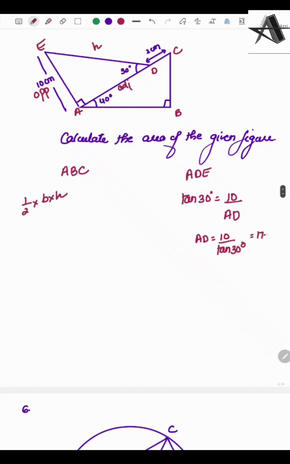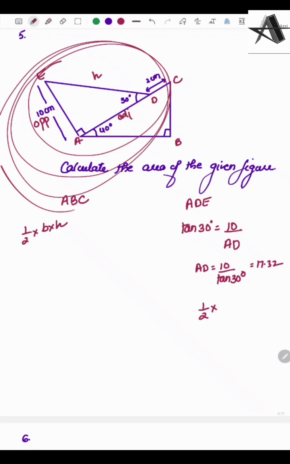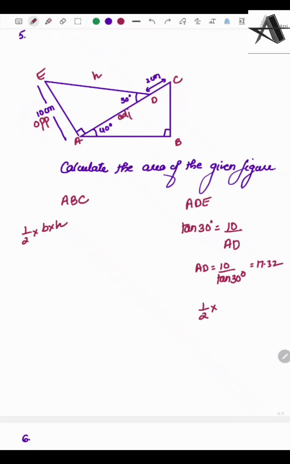So AD length is 17.32. I can calculate area. Area is half times base, here AD. If you see this triangle in this way, clearly your base is AD. So half times base AD, that is 17.32, into height, that is 10. Answer is 86.6 centimeters squared.